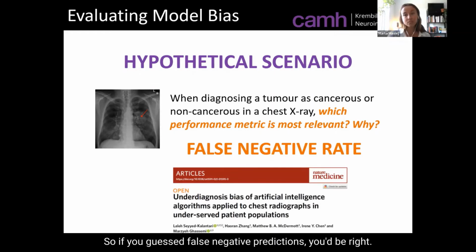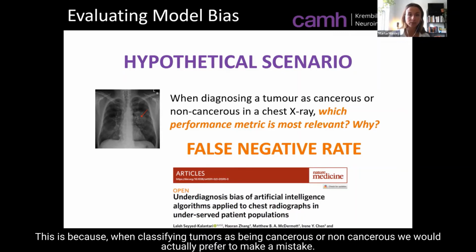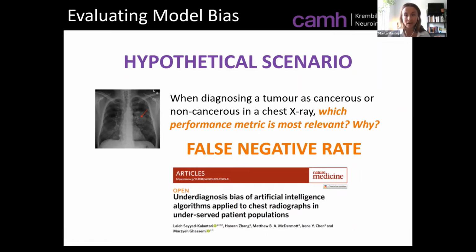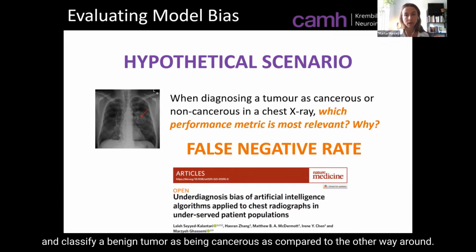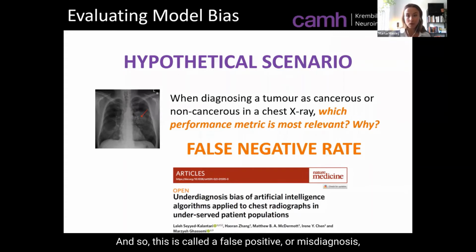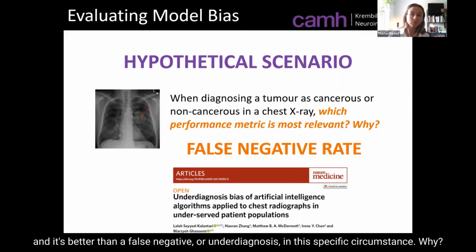So if you guessed false negative predictions, you'd be right. This is because when classifying tumors as being cancerous or non-cancerous, we would actually prefer to make a mistake and classify a benign tumor as being cancerous as compared to the other way around. And so this is called a false positive or misdiagnosis, and it's better than a false negative or underdiagnosis in this specific circumstance. Why?